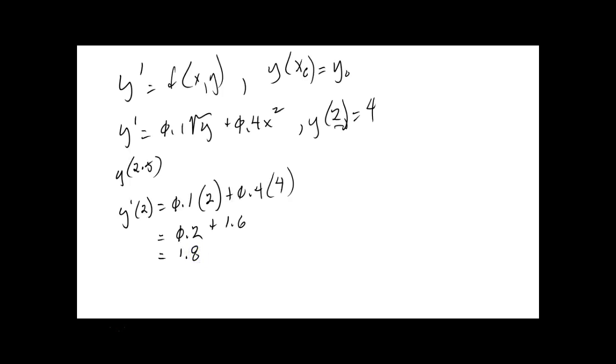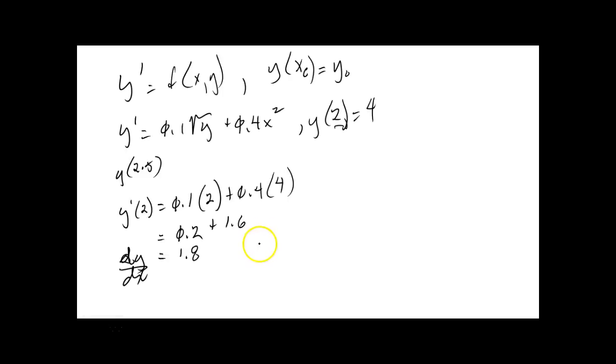That's going to be the slope as you go, change of y over change of x, right? Well, here we have a change of x of 0.5. So if the slope here is 1.8, then this is delta y, this is dy over dx, right, is 1.8. We just calculated that, right?